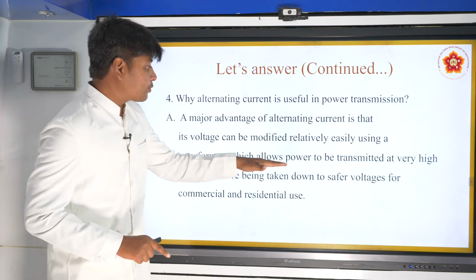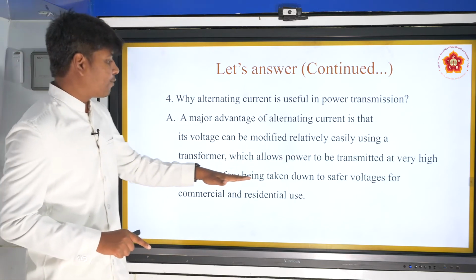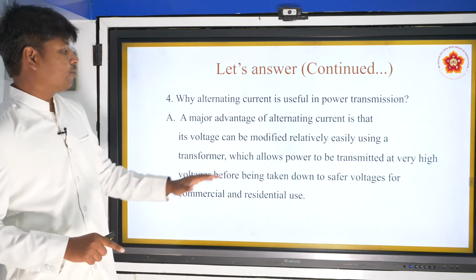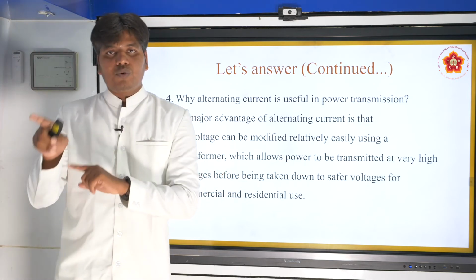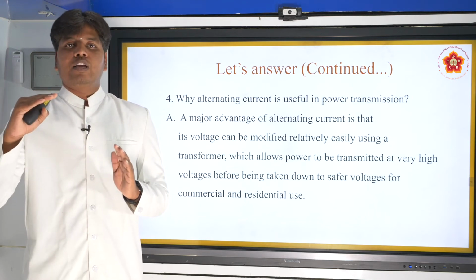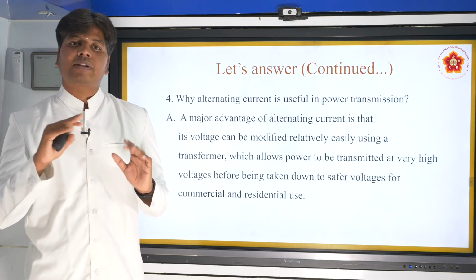Which allows power to be transmitted at very high voltages before being taken down to safer voltages for commercial and residential use. What it is telling is, to drop down the voltage and make the current high, we need what? A step down transformer, not a step up transformer.